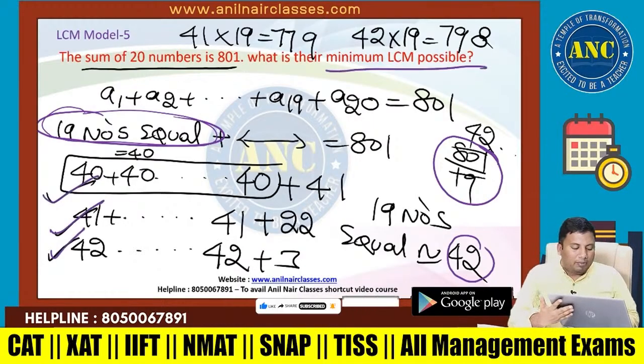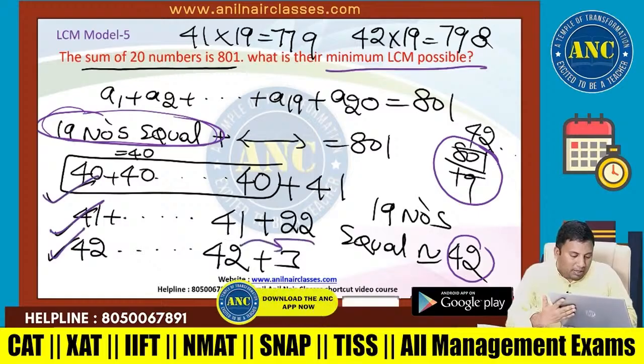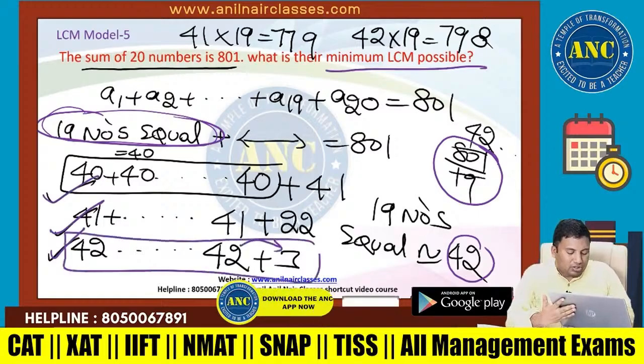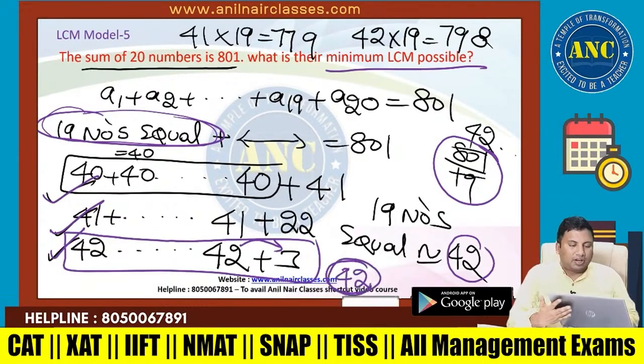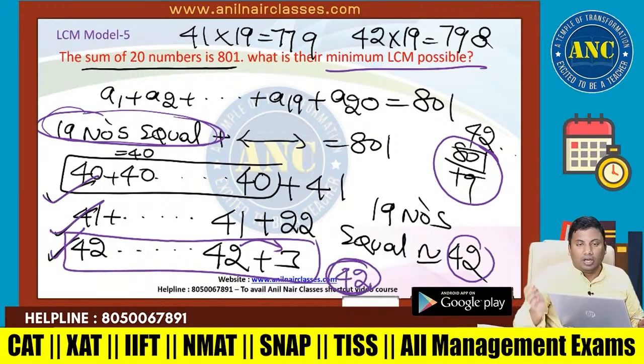To get the minimum LCM, the other numbers should be multiples of these. So the LCM of 42 with 3 is 42. Answer for this question is 42. Very good questions, logical question. I hope it is clear.